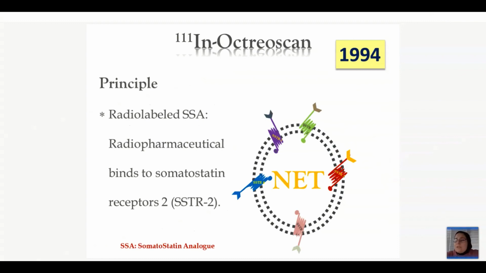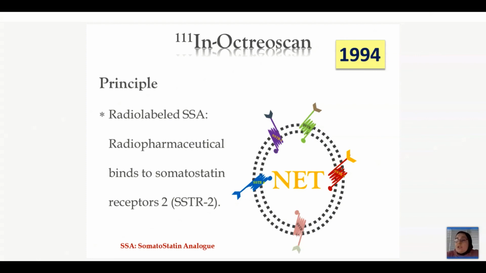Just a couple of years later came the Octoscan, and a lot of you most probably know about it. It is a somatostatin analog attached to a radiotracer or radioisotope, so we can see it with our imaging. As we said before, there are multiple somatostatin receptors. We can imagine that this is a neuroendocrine tumor cell, and these are all receptors on the surface of the cell.